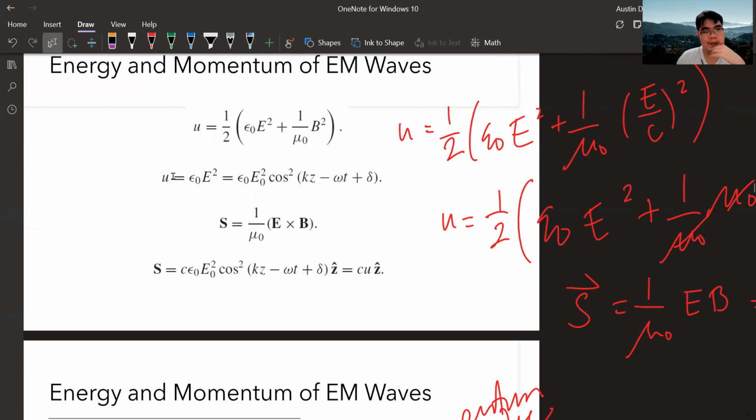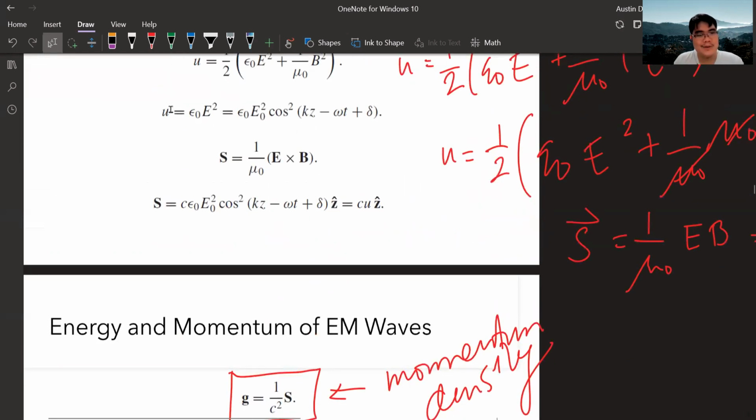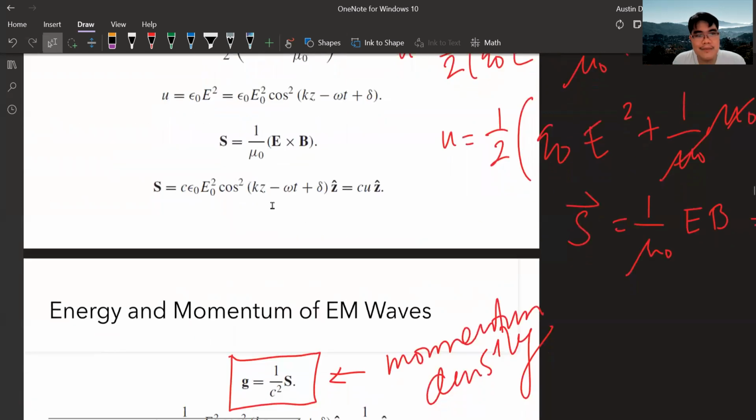U is fluctuating with respect to cosine. Kasi cosine is a varying number, di ba? So, cosine squared is just 0 to 1. So from time to time, naging 0 to 1 yung factor ng energy mo. So, weird, di ba?